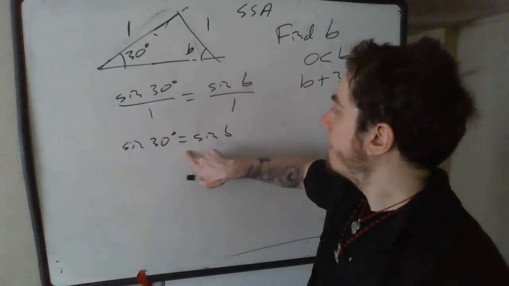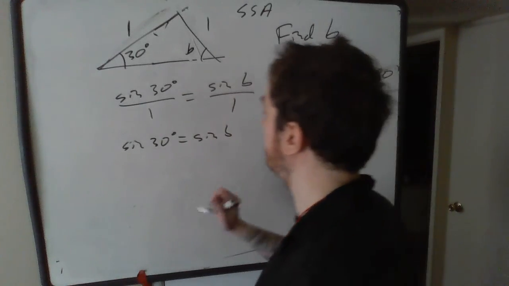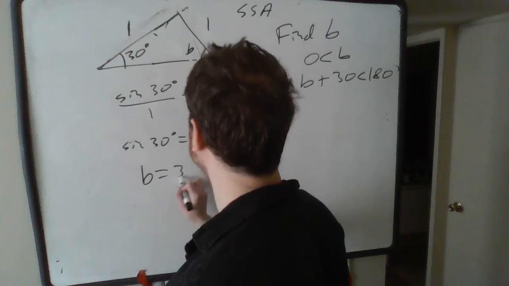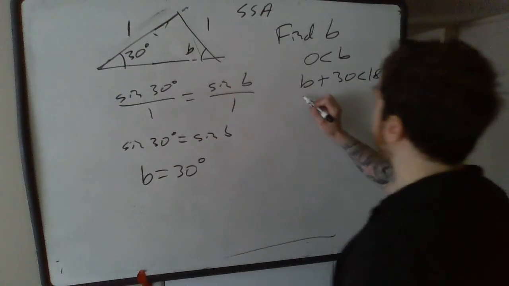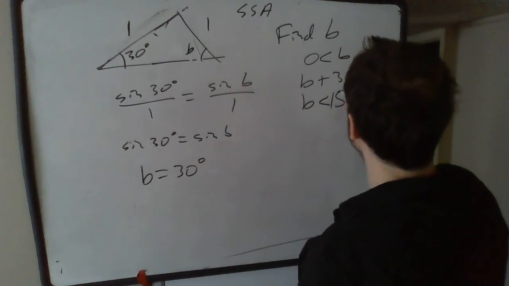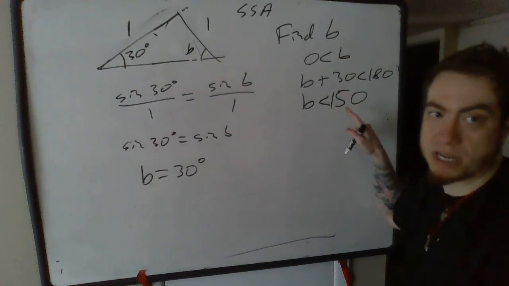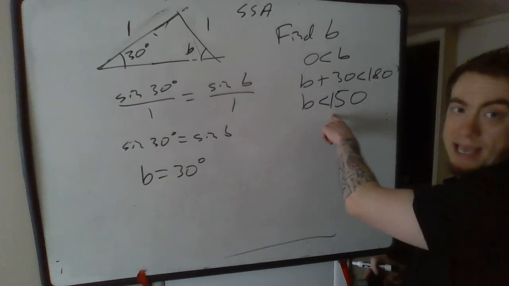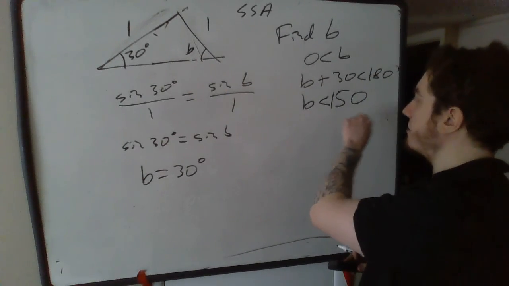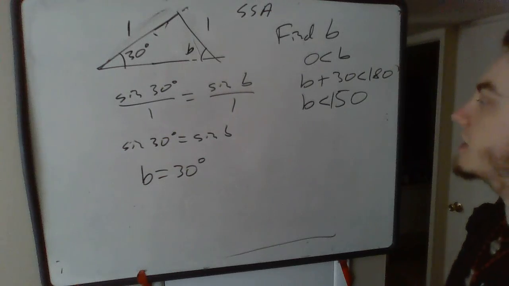Now, initially, there are two possibilities that you might think of here. One possibility is that B is equal to 30 degrees. And that is fine because that is smaller than 150 degrees. This angle over here cannot be 150 or bigger. It's got to be smaller than 150 degrees.